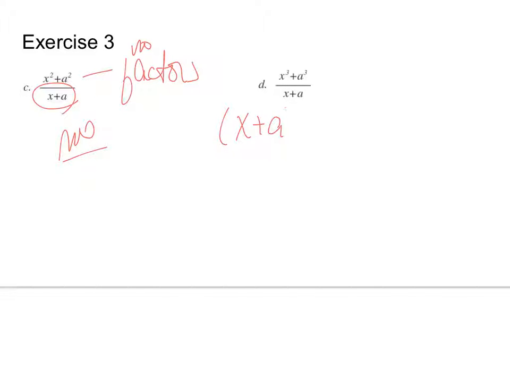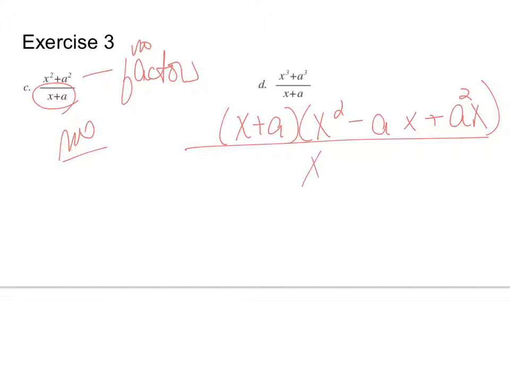This gives me x plus a, x squared minus a squared x plus a. That's wrong. I might have done that wrong on the previous page. There we go. All over x plus a. And that does cancel out. So yes, it does work.